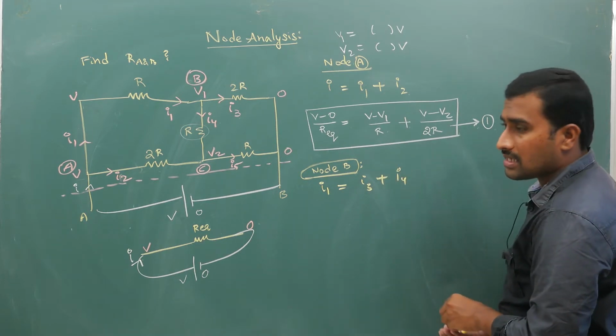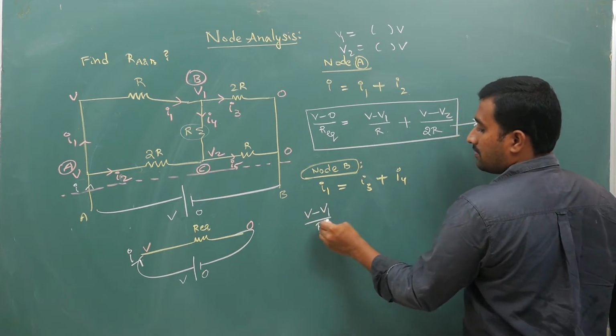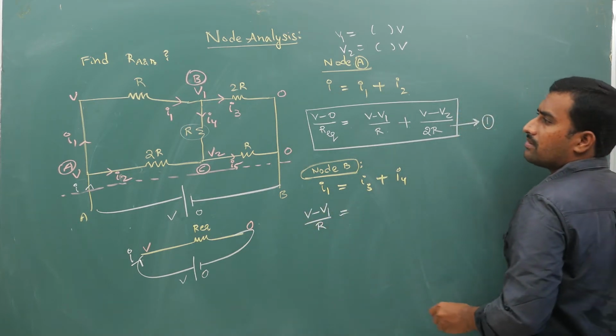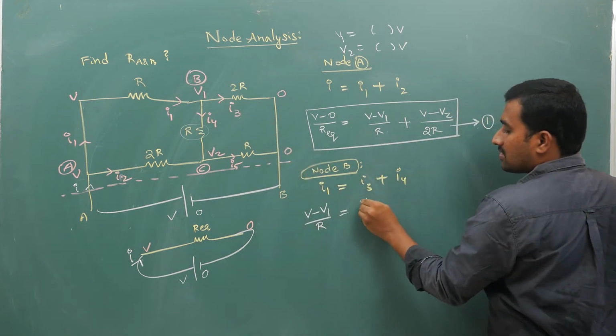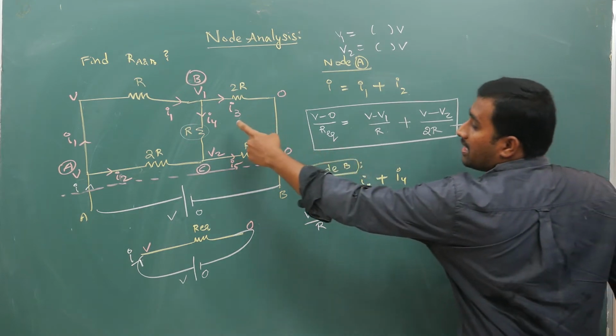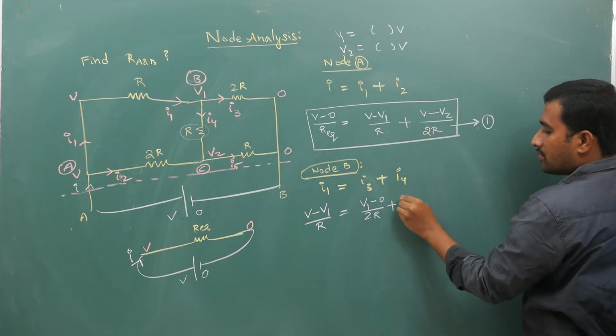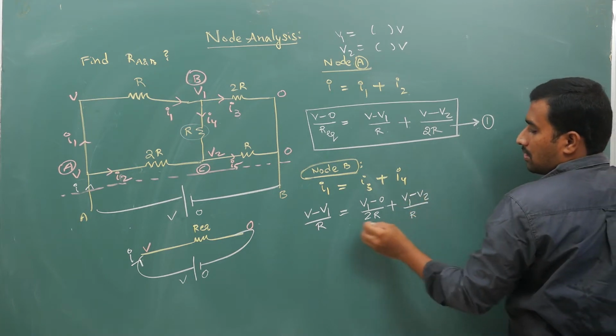What is I1? V minus V1 by R. Your I1 is V minus V1 by R, that is equal to I3, which is V1 minus 0 by 2R, plus I4, which is V1 minus V2 by R. That is your I4.